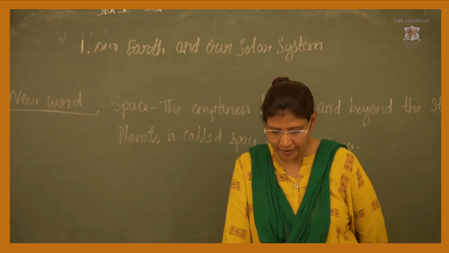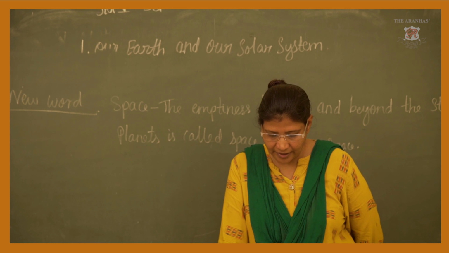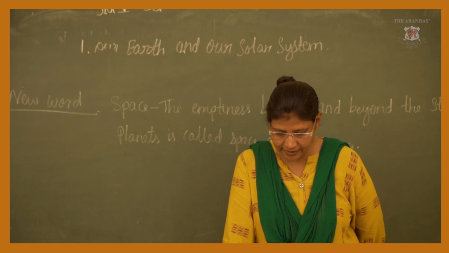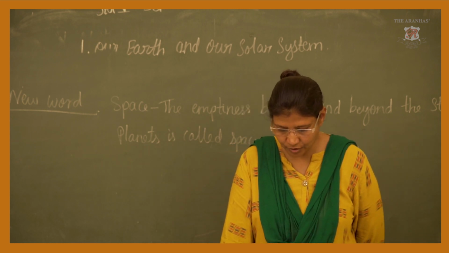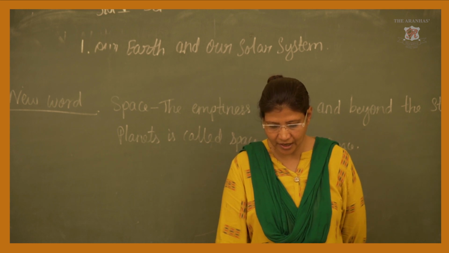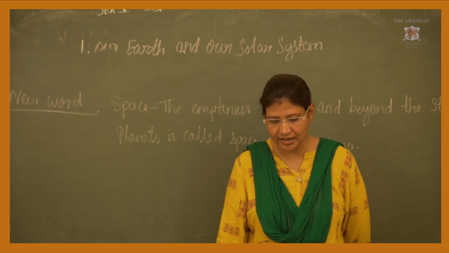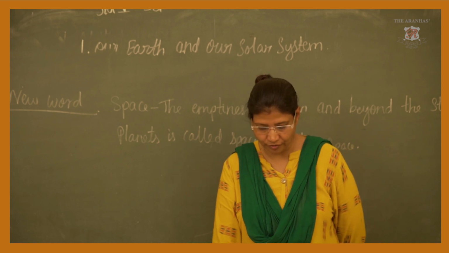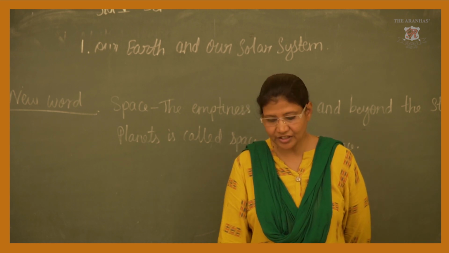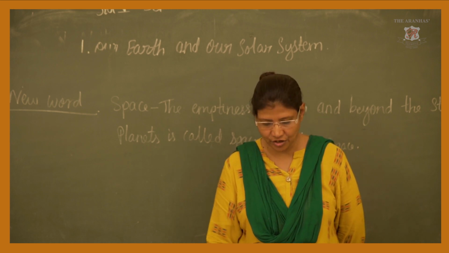Both these missions are unmanned, that is, there were no people on board. The object of the missions is a deeper study of the moon and Mars. You can see in your textbook also the photographs of Mangalyaan and Chandrayaan, all these images you will get in your textbook also.